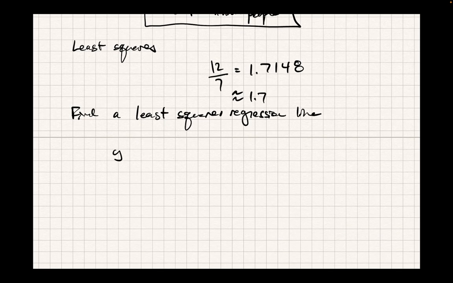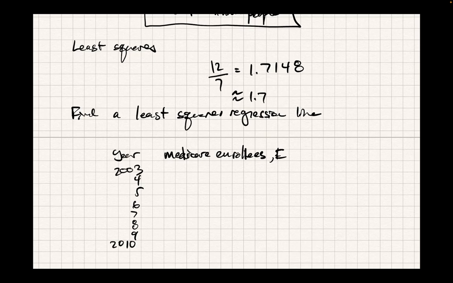Find a least squares regression line. So if I say year is 2003, 2004, 5, 6, 7, 8, 9, and 2010, and I say Medicare enrollees, and I'm going to use variable E for that, and this is in millions.